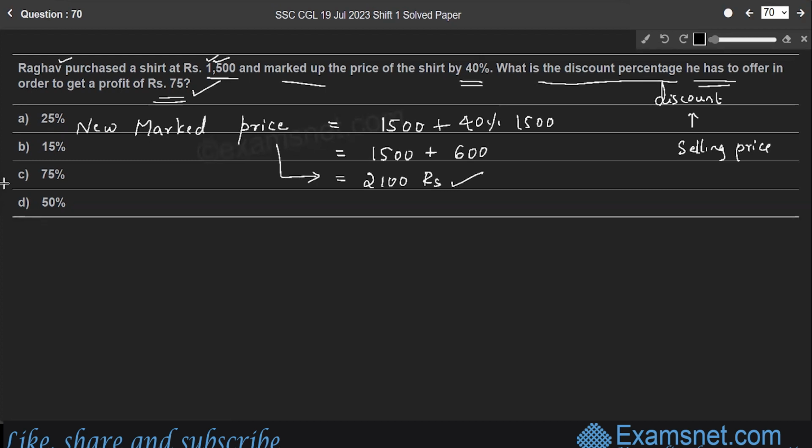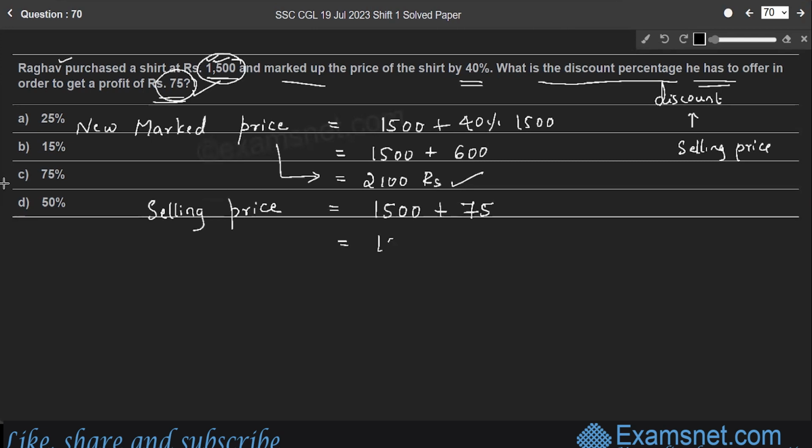At what price he is going to sell it? Here is the question. Therefore, selling price of the shirt becomes, he purchases it for 1,500 rupees and he gets the profit of 75 rupees. Therefore, selling price becomes the price at which he purchased, which is 1,500, and the profit he is going to get, which is only 75 rupees.